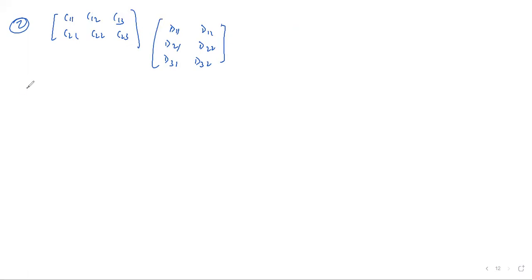So when we multiply this, it will give us C11 D11 plus C12 D21 plus C13 D31. And what are the elements? In C11 we have 2, 1.